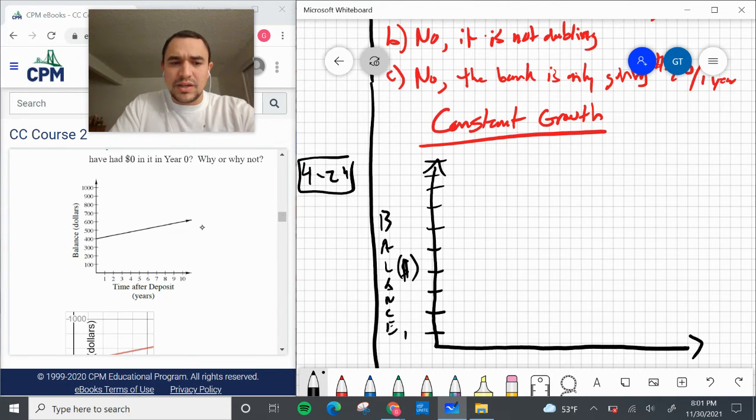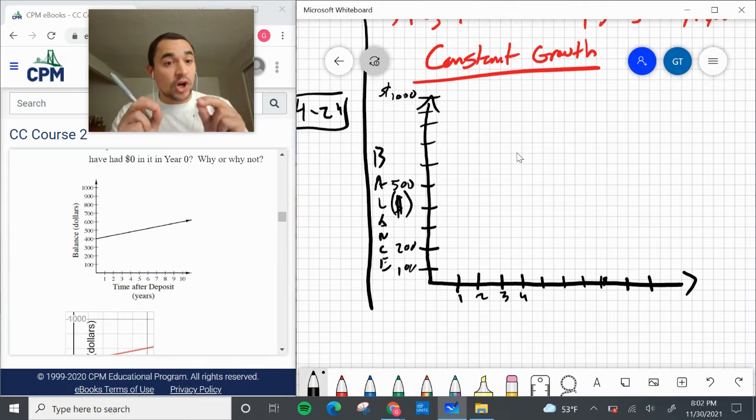So that's 100, 200, 300, 400, 500, 600, 700, 800, 900, 1,000. And it's not drawn to scale. I'm rushing. But then at the bottom, I'm going to skip 1 line. 1, 2, 3, 4, 5, 6, 7, 8, 9, 10. And so that's 1, 2, 3, 4, and et cetera.